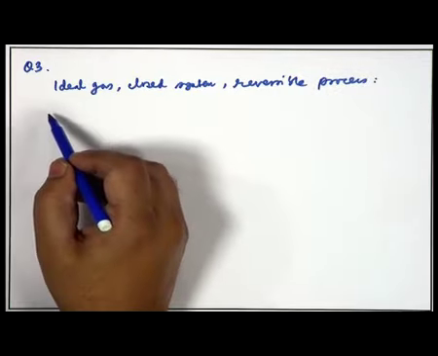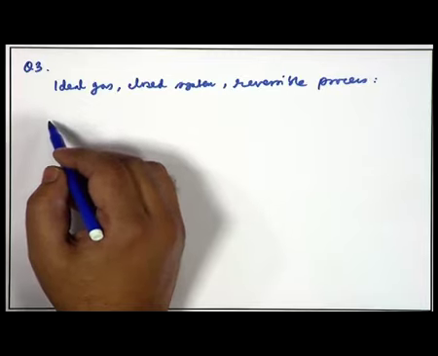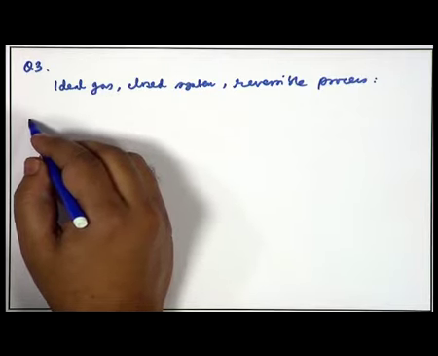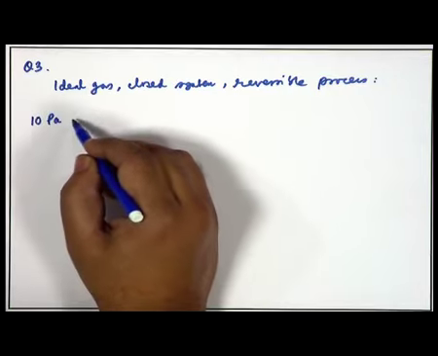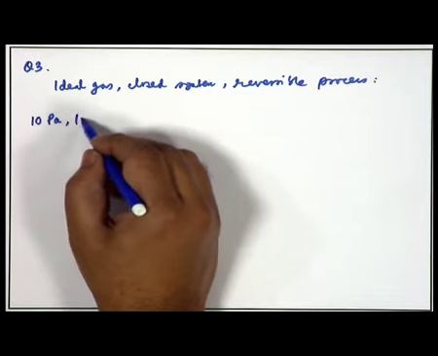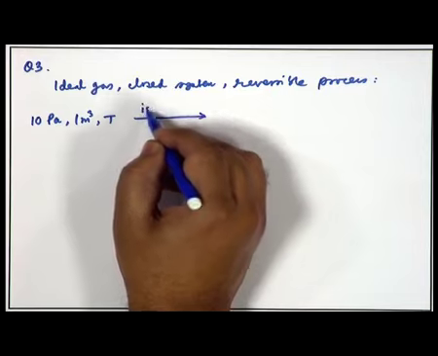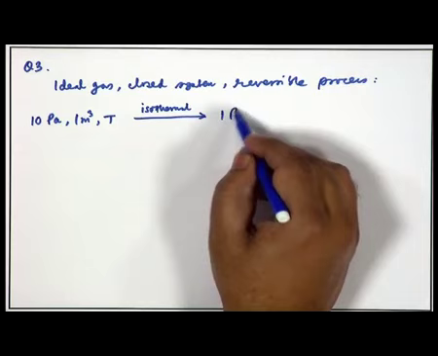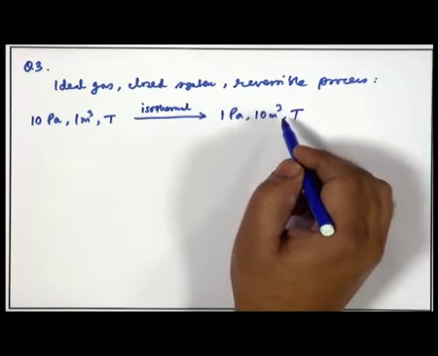What you have to do is calculate the work involved in this process, and schematically draw the area which corresponds to the work. This is the initial state, some temperature T, an isothermal condition, to 1 Pascal, 10 meter cube is the volume, and that temperature T.